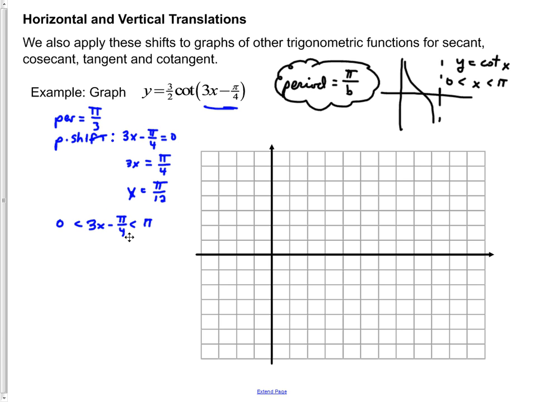If we add pi over 4 to each of the three sides in this inequality, we get pi over 4 less than 3x less than pi over 4 plus pi. Well, this is 4 pi over 4 plus 1 more pi over 4. That's 5 pi over 4. And multiplying each side of our inequality by 1/3 gives us pi over 12 and 5 pi over 12.